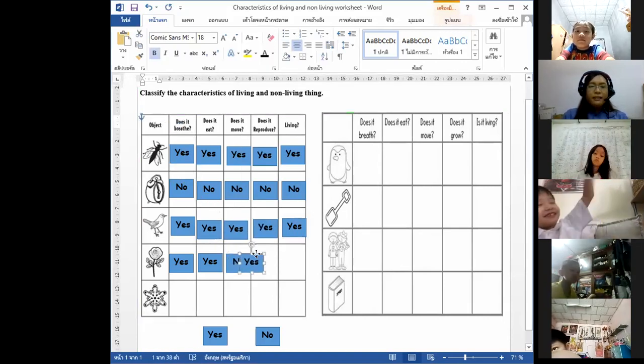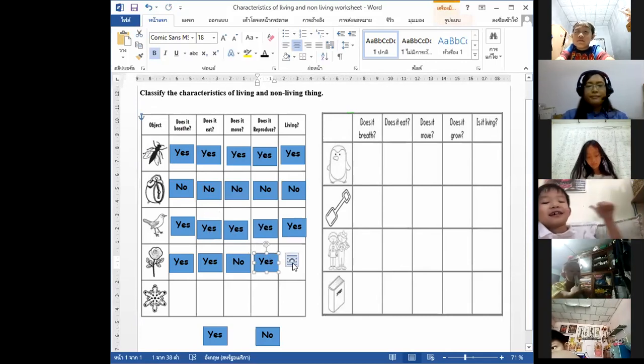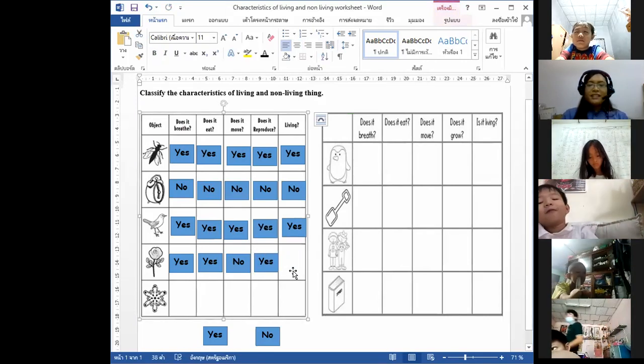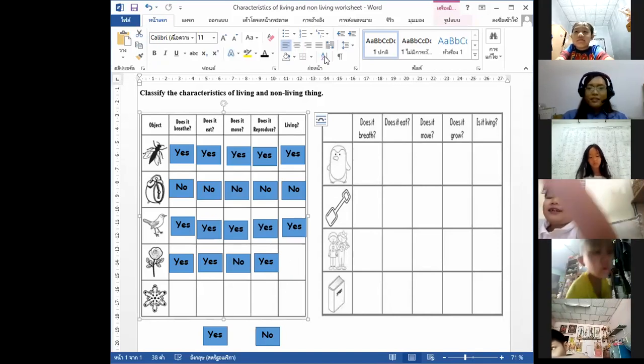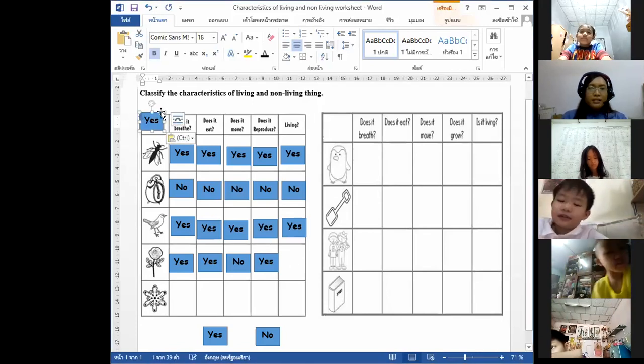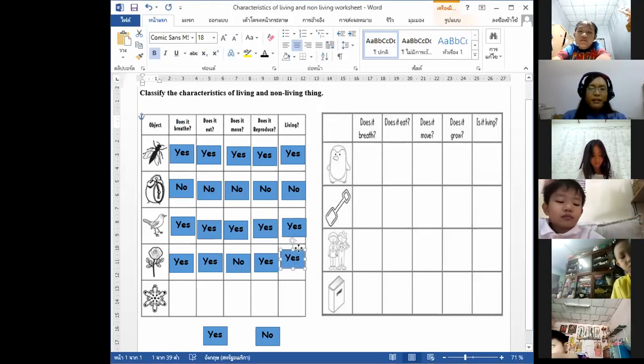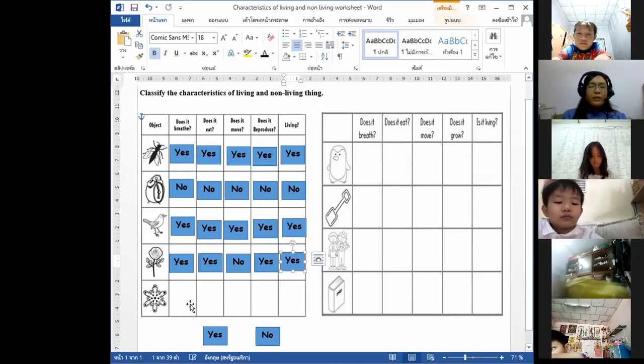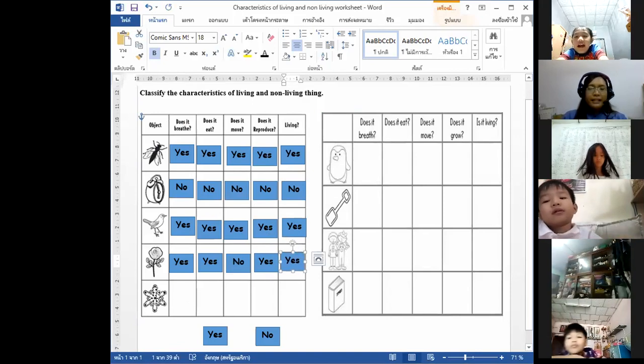And is it living? Yes. So plants and flowers are living things. So it's a yes. Okay, let's proceed to snowflake.